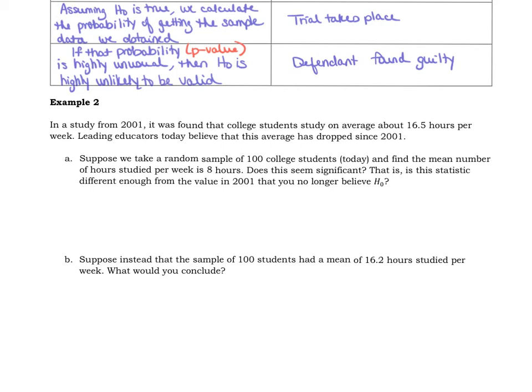From 16 and a half in 2001 to 8 hours today. Does this seem significant? In other words, is that different enough in your mind to say that you no longer believe that college students really study 16 and a half hours? I would say yes, that is a drastic difference.